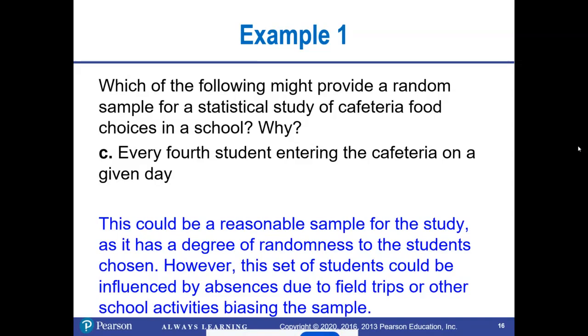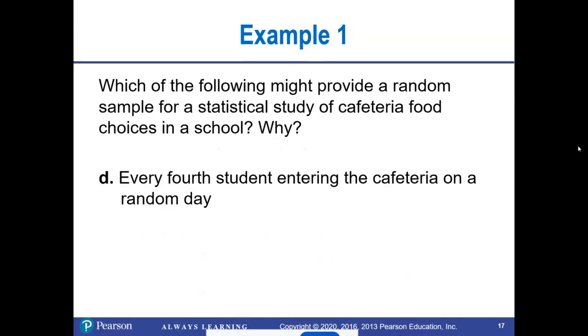However, the set of students could be influenced by absences. Maybe there's a whole group that's gone for a field trip or some other school activities that could bias the sample somewhat, but definitely a better scenario than what we saw in the other scenarios.